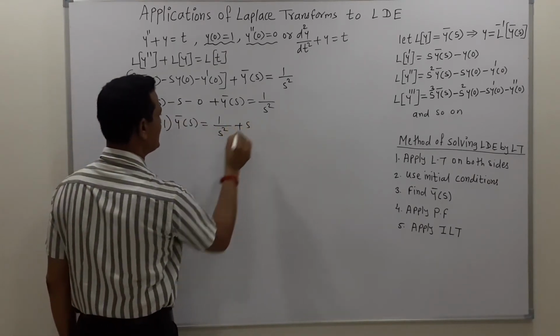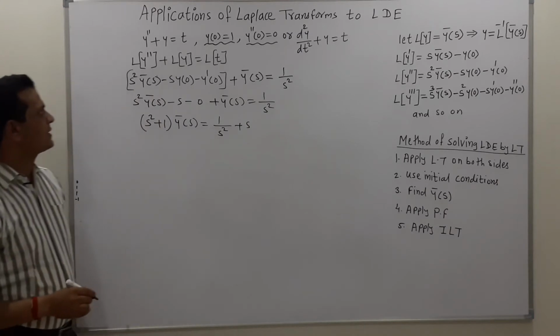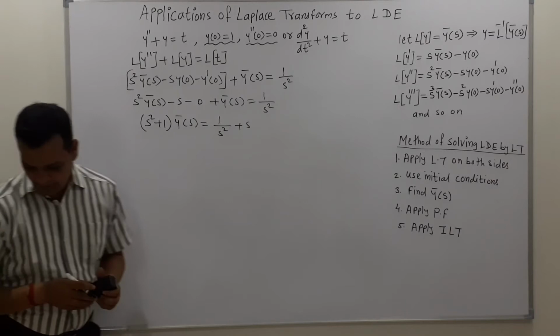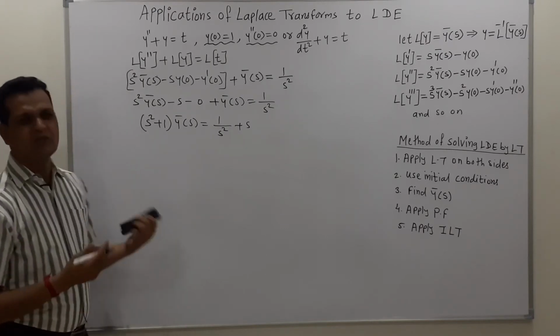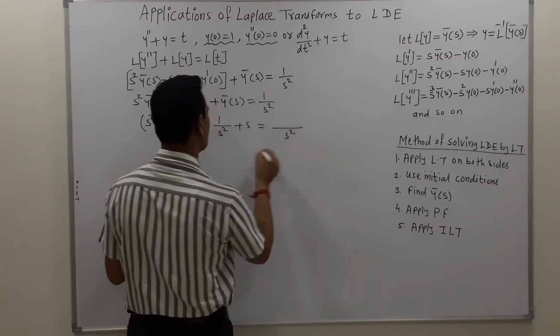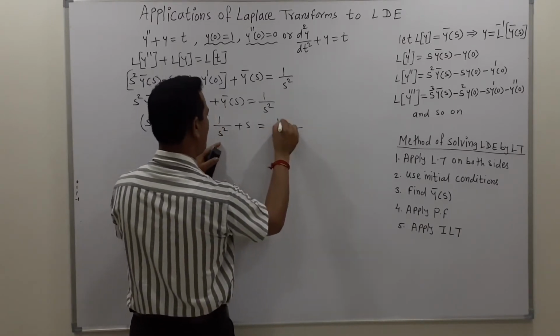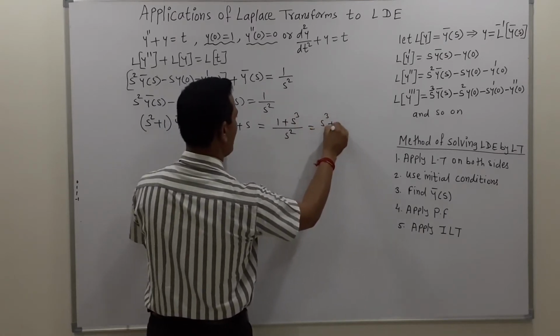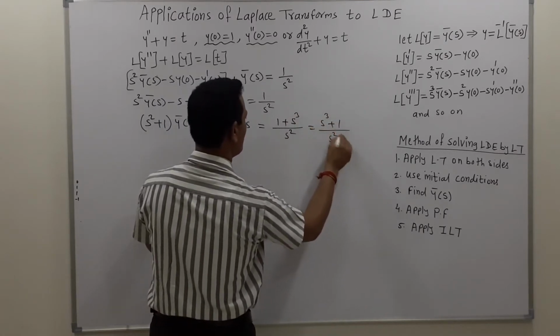When we take to this side, this becomes plus s, right? So this becomes plus s. Now just simplify this equation. So we get this as s square, then this is 1 plus s cube, or we may write this as s cube plus 1 upon s square.